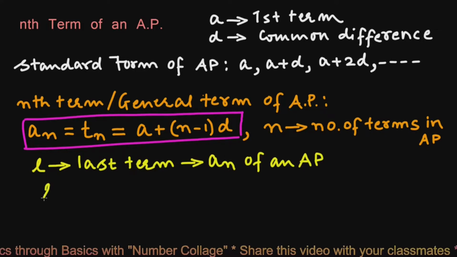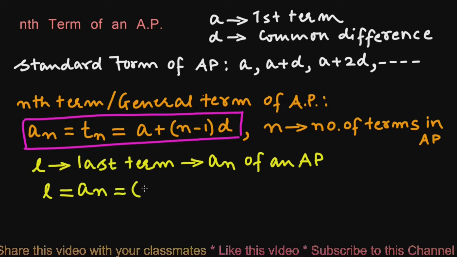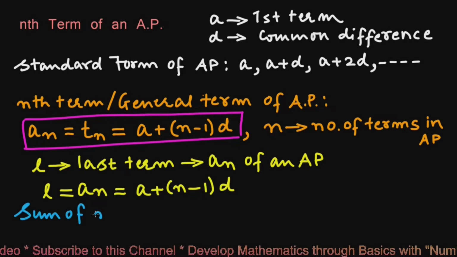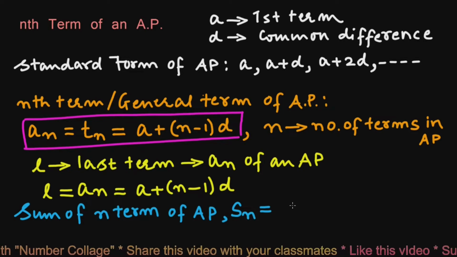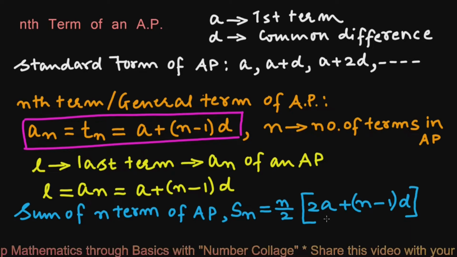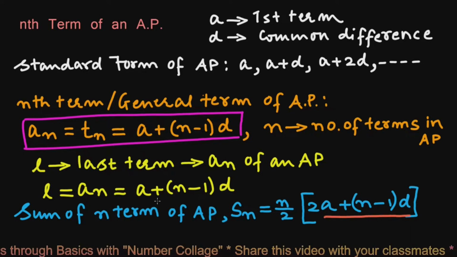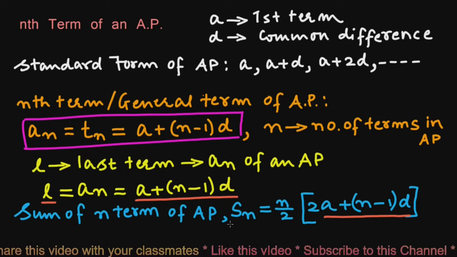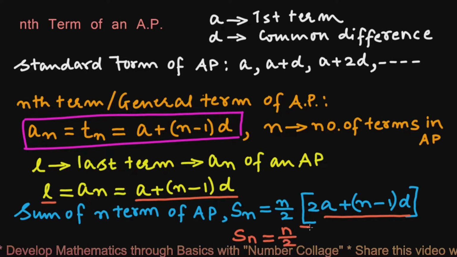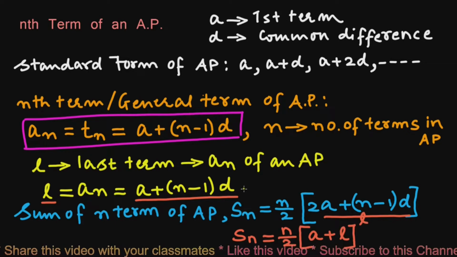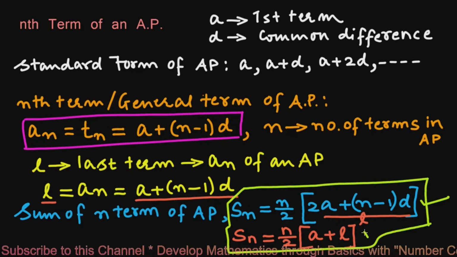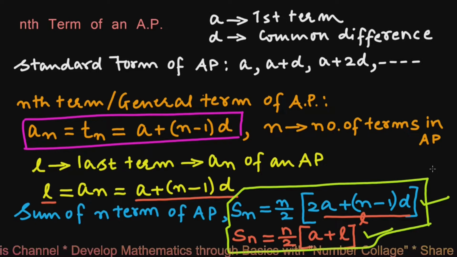Then the last term L will be an equals a plus n minus 1 into D, and the sum of n terms of AP denoted by Sn will be n by 2 into 2a plus n minus 1 into D. Here putting a plus n minus 1 into D, which is this, equals L, we can also write the sum of n terms of AP, Sn, as n by 2 into a plus L. So we can find the sum of first n terms of an AP either by this formula or by this formula, depending upon the known quantities.